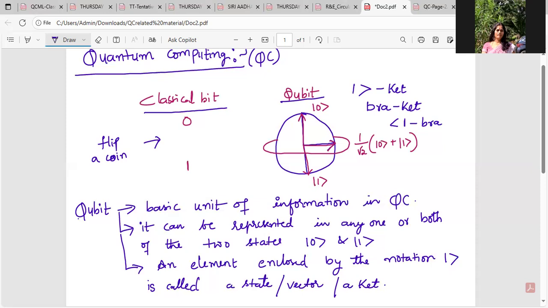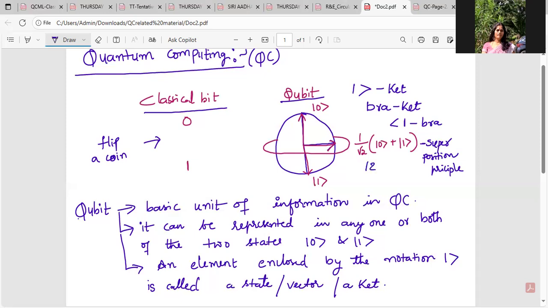If the coin lands, as I have said, it can be either 0 or 1. But at any point when I am flipping, if I want to know the state, then comes the superposition principle, which would be the combination of ket0 and ket1.